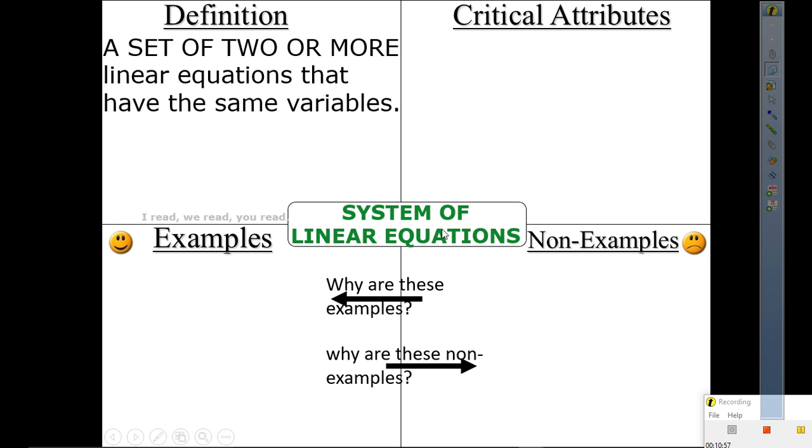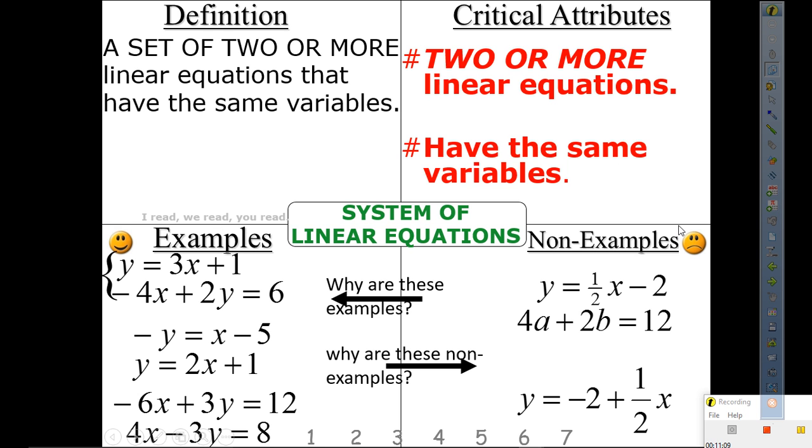Now let me show you the rest of it. The whole thing. This is what we did originally. You should have had at least one example that looked something like this, a non-example that had nothing to do with that, and your hashtags. Something that read 2 or more linear equations or 2 or more equations, something like that.